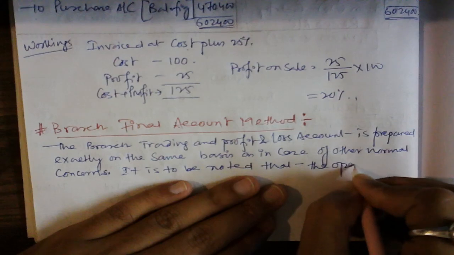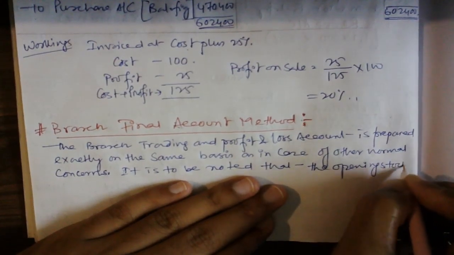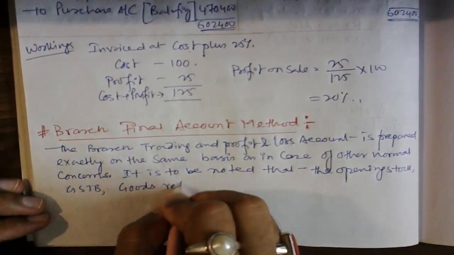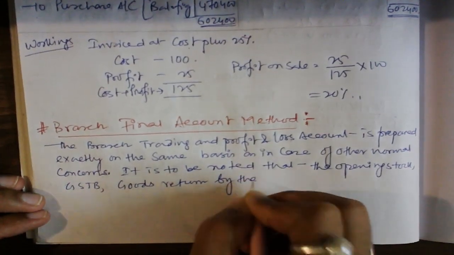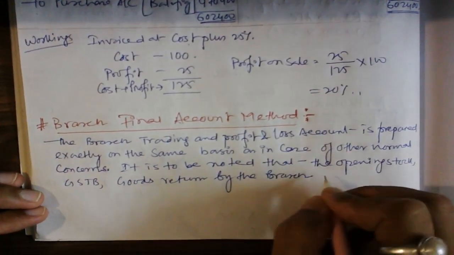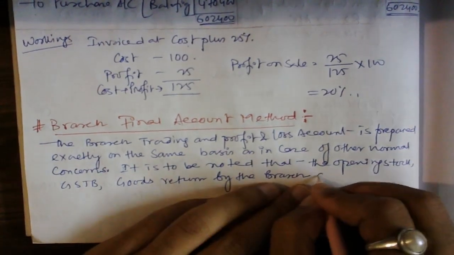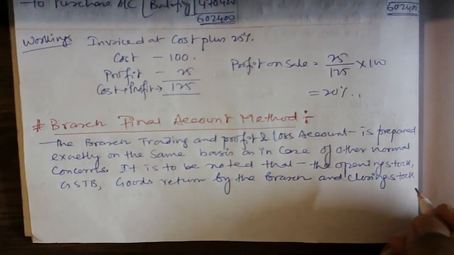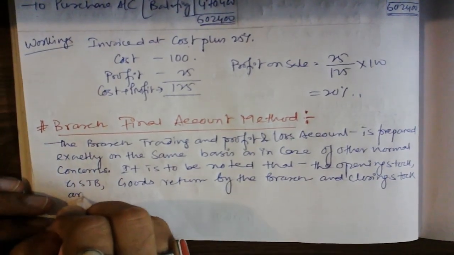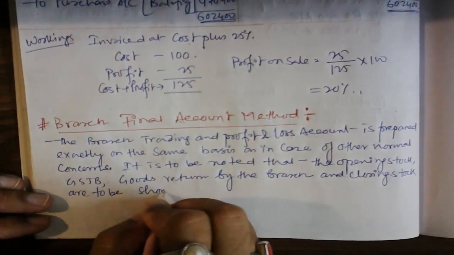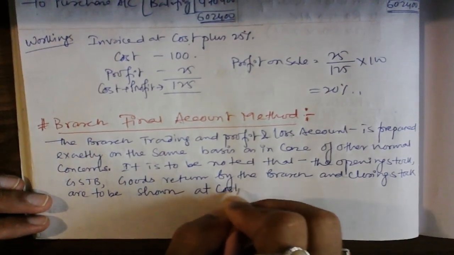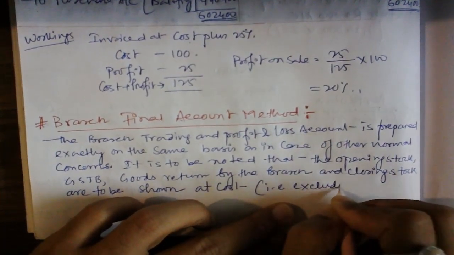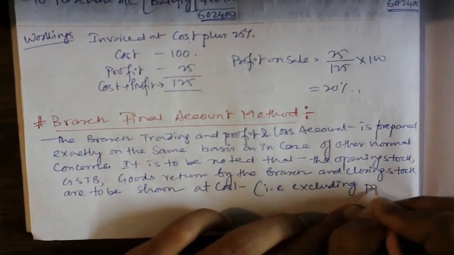It is to be noted that the opening stock, goods returned by the branch and closing stock are to be shown at cost, that is, excluding profit.